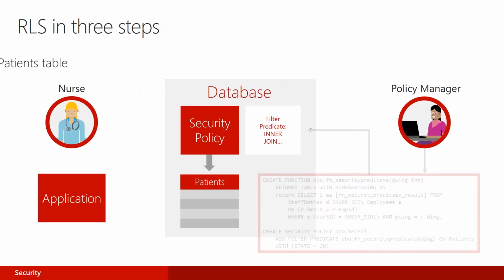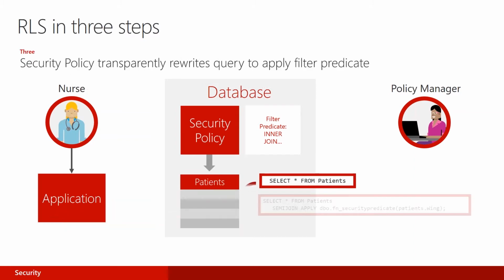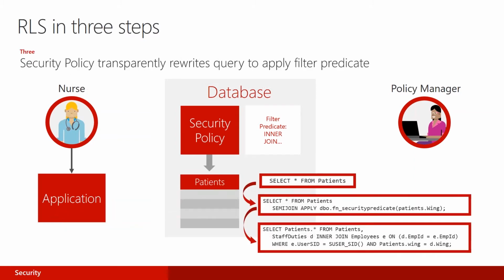And then whenever the nurse goes into their application, the key thing here is that it's the same select query that you're used to seeing. No difference there, nothing that we have to change inside of our application. But as soon as that user runs that query, it's going to go into the database, and transparently in the background, we're going to do these semi-joins and cross-applies and all these things in order to apply the filter predicates for that security policy.